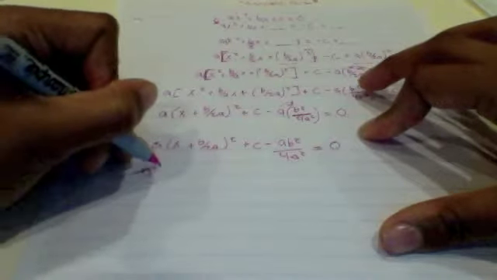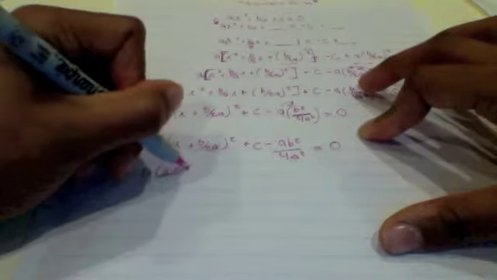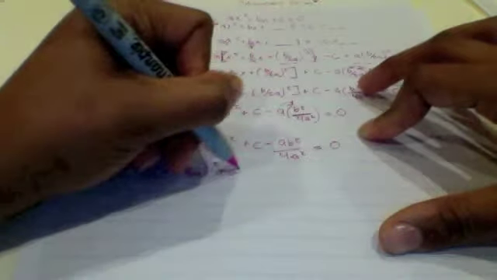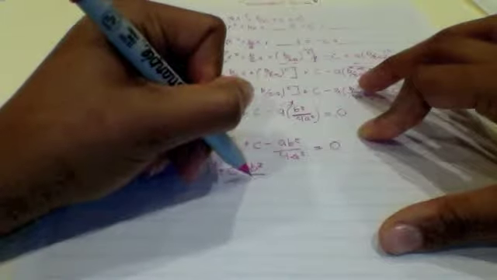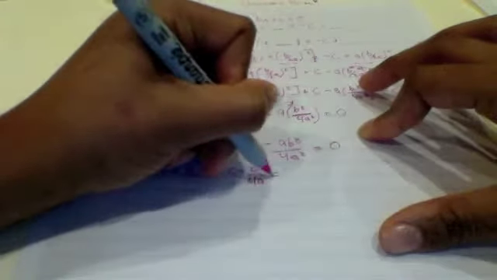If you didn't notice what I did there, I distributed the a into the b squared over 4a squared. What's cool about the negative ab squared over 4a squared is that the a's can cancel and it'll make b squared over 4a.